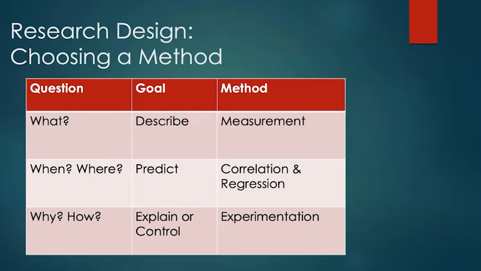After we deal with that first level of science, next we want to answer a more interesting kind of question, like when is something going to occur, or where is this going to happen? In this sense, what we're really trying to do is to predict the phenomenon. We're trying to predict who is going to be depressed, who is going to be high in IQ or lower in IQ.